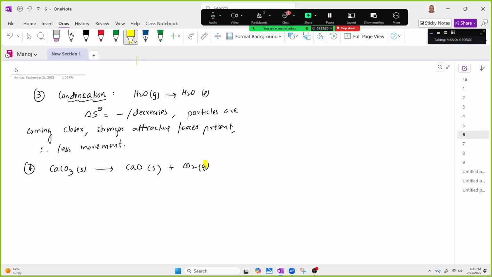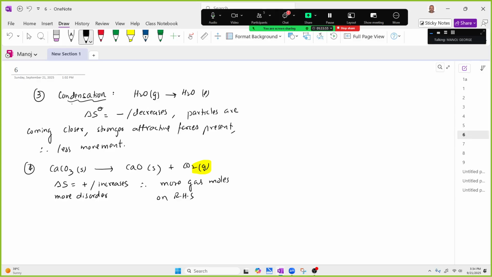Now what you see here, this is gas. So your entropy change is positive, it increases, more disorder. And the reason why there is more disorder is that there are more gas moles on the right hand side. Is this clear with everyone?